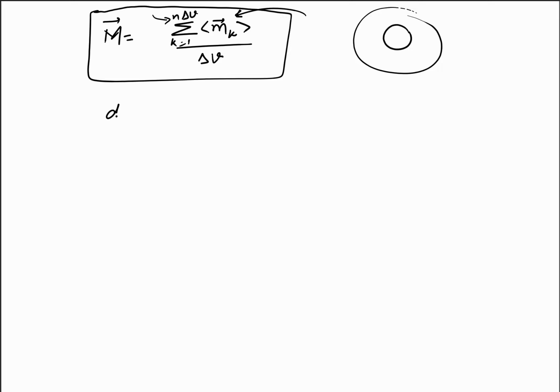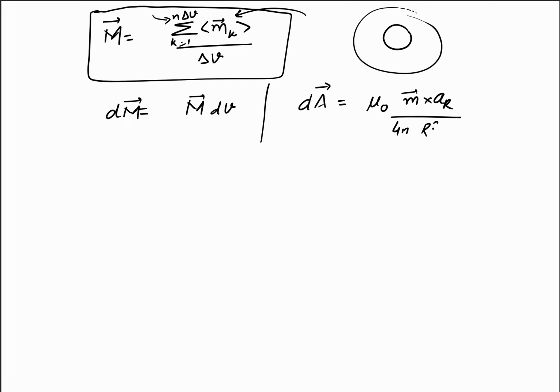So you see this dm, the small magnetic dipole moment, can be represented as M dV. Now you know that we have derived the magnetic vector potential due to a magnetic dipole, which was simply given as mu naught m cross a_r over 4 pi r square.